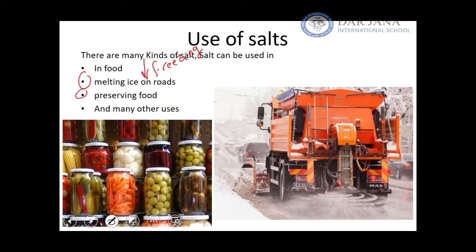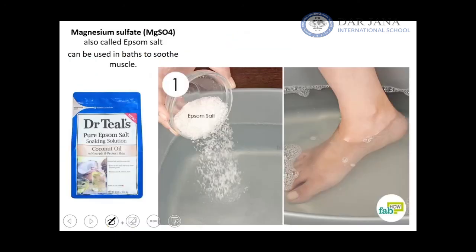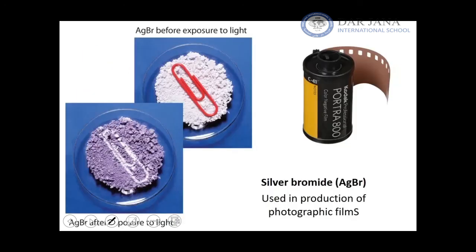Preserving food, as you can see here, and many other uses, like magnesium sulfate, which is used in baths to soothe muscles. Other salts like silver bromide, here AgBr, are used in the production of photographic films.